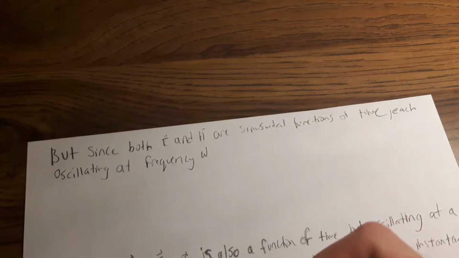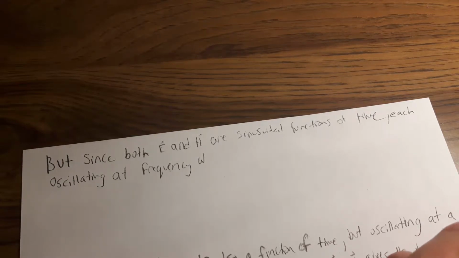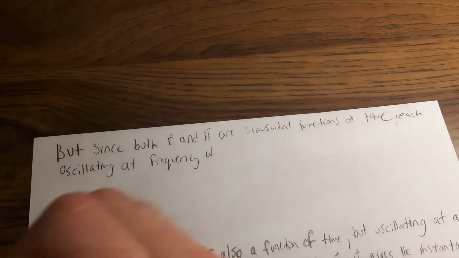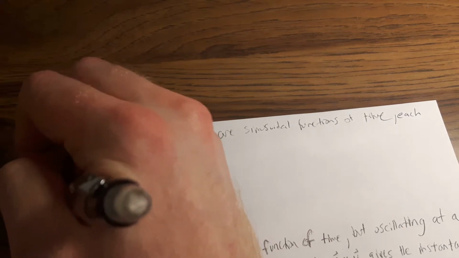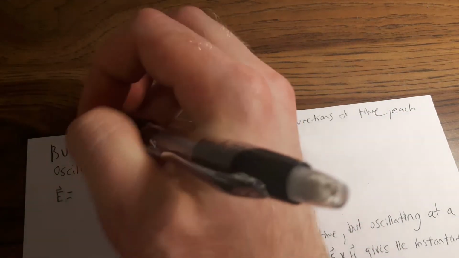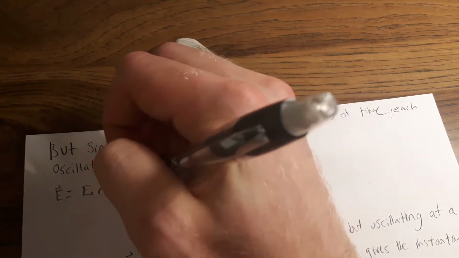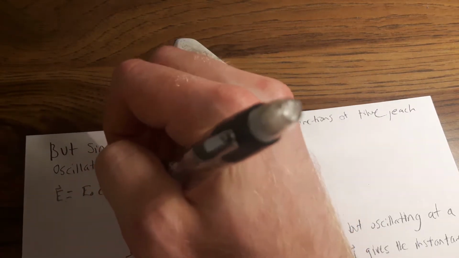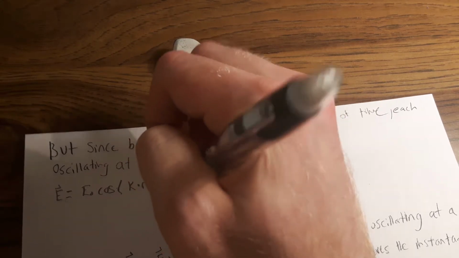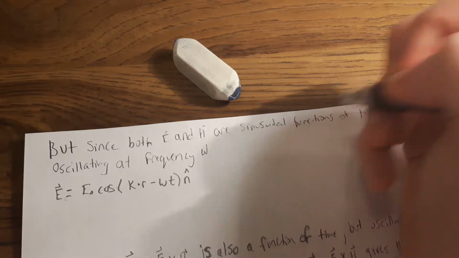But since both E and H are sinusoidal functions, each oscillating in time with a frequency of omega, they are expressed as E is equal to E naught cosine of k dot r minus omega t in a random n hat direction.